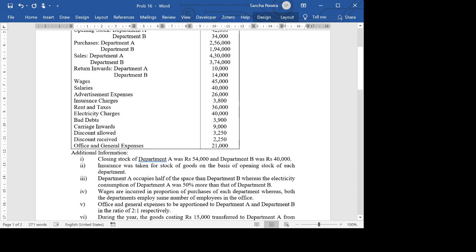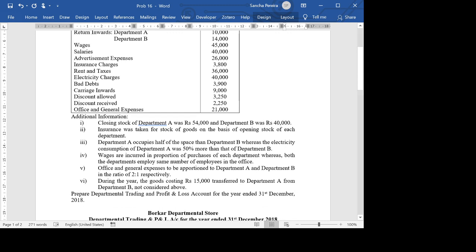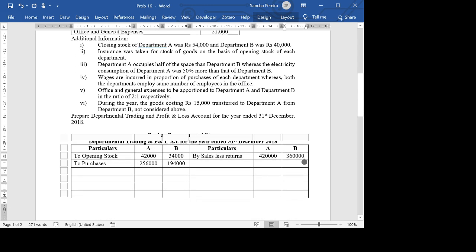The wages have not yet been divided here, so we will have to go back and check. If you remember, we had discussed this last adjustment. During the year, goods costing rupees 15,000 were transferred to A from B, not considered above. So we have to take this.